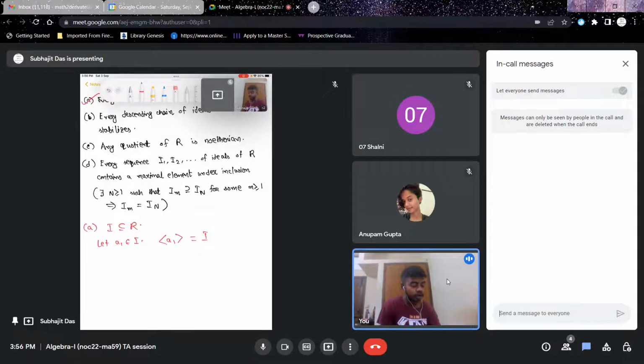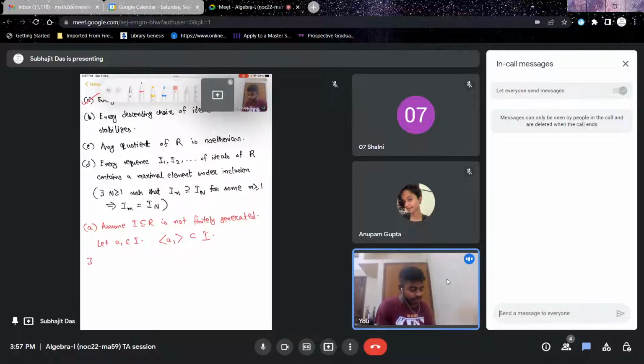So let us assume that A1 is properly contained in I. To be very precise, we'll assume that I in R is not finitely generated. Certainly if you take A1 in I, the ideal generated by A1 has to be properly contained in I, because otherwise I would become finitely generated.